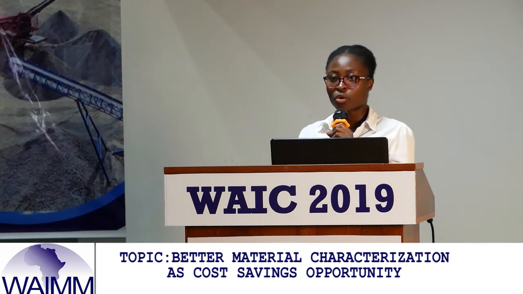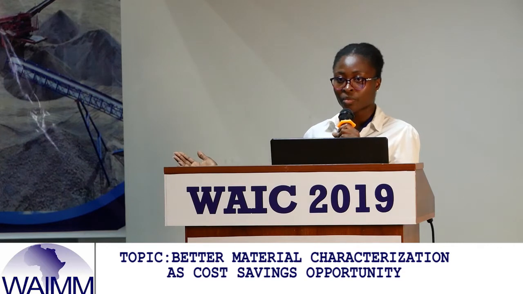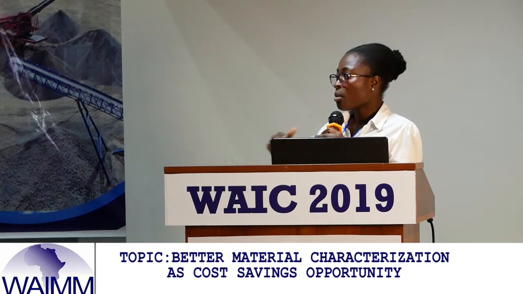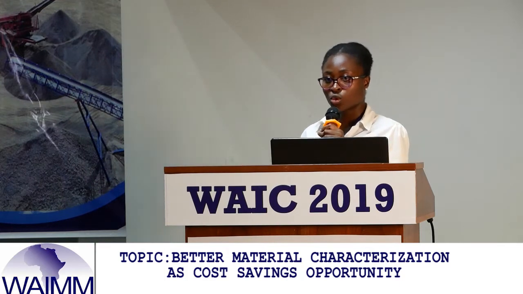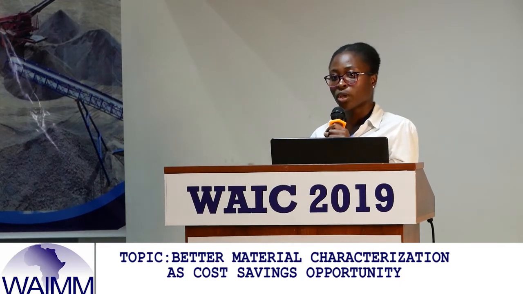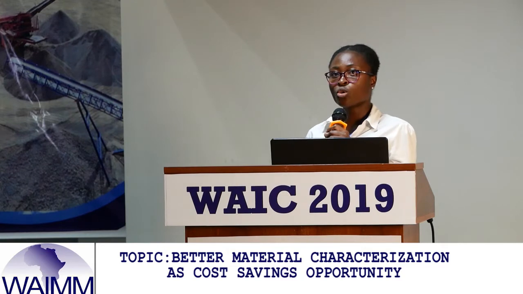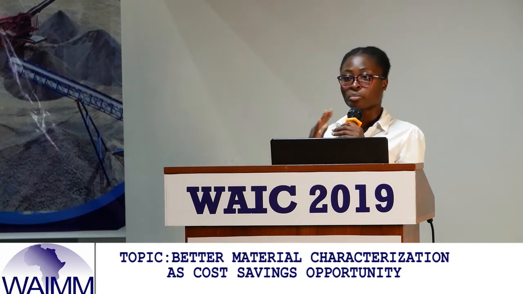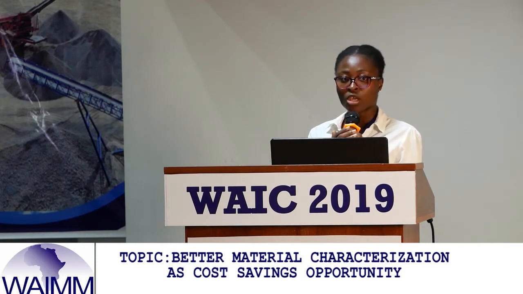What it means is that we are going to build a very big dam so that we don't collapse it. We are going to build a dam with a very mild slope, a very gentle slope. But if we're able to do good testing and know that actually the friction angle is 26 and not 15, we'll have a steeper slope. A steeper slope means we are using less material.